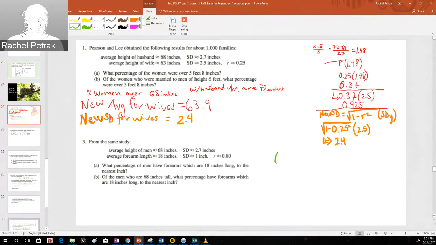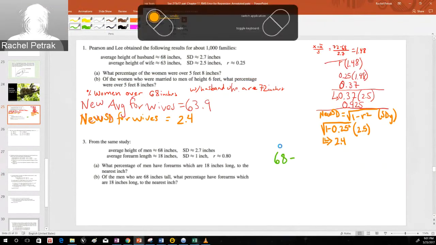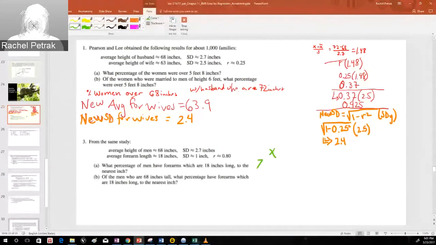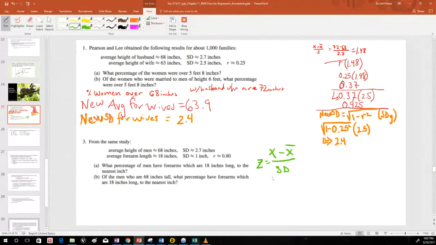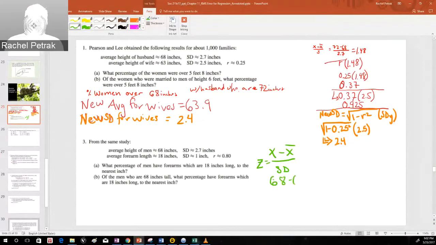So we've got 68, 5 feet 8 inches. We're using again this formula: z equals x minus x bar over the standard deviation. Thus, 68 minus 63.9 divided by our new standard deviation of 2.4 is going to give us a z-score of 1.7.